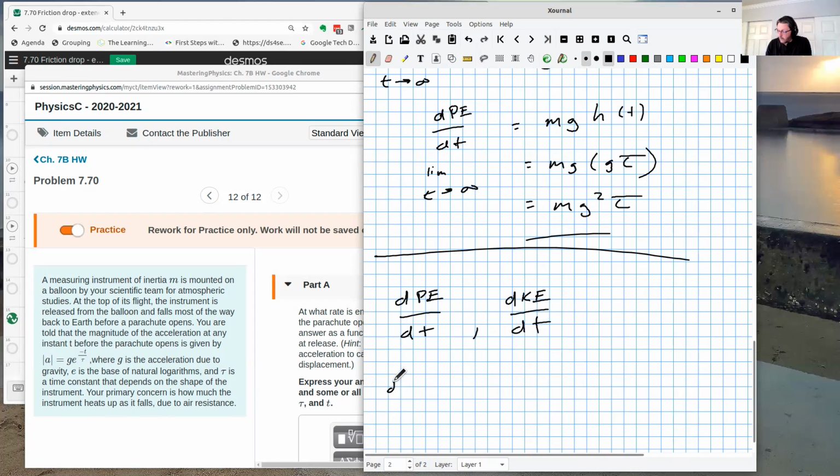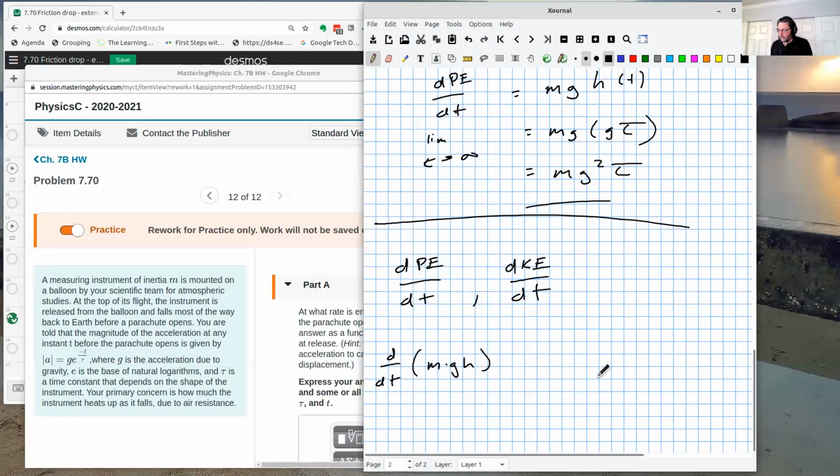So to do that, we need to know the derivative of the mgh function and the derivative of the 1/2 mv squared function.